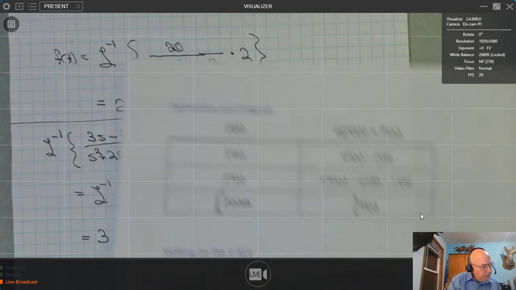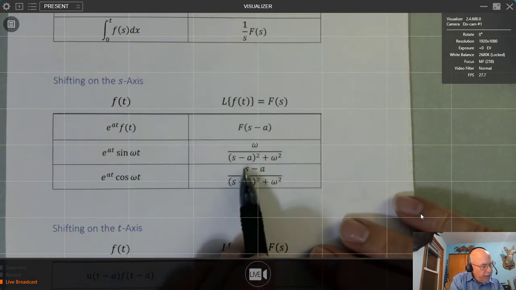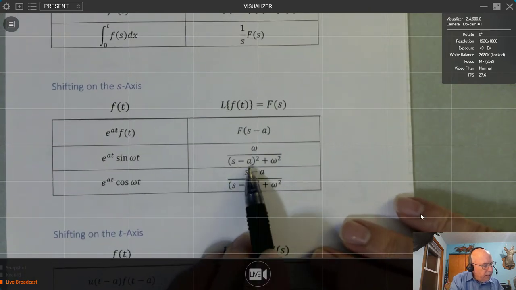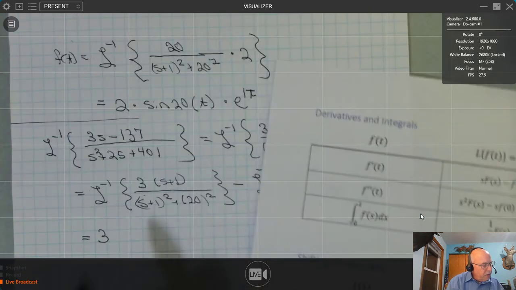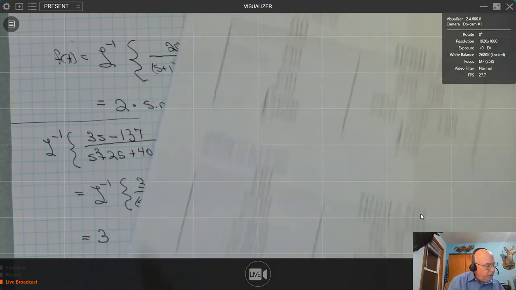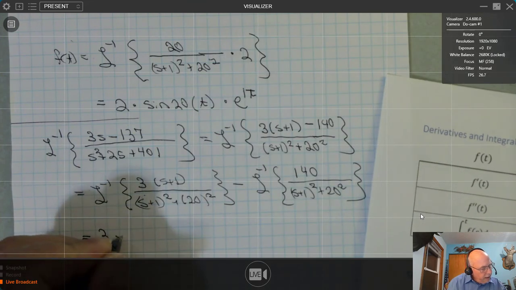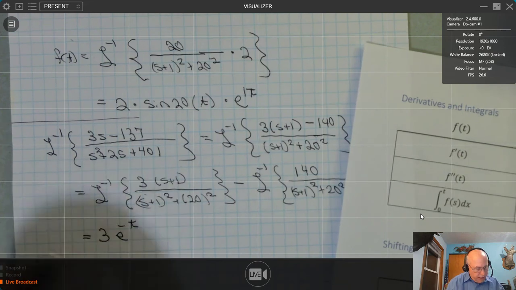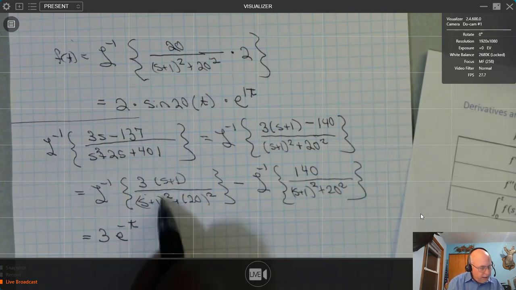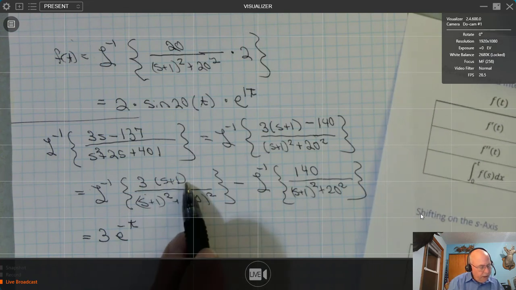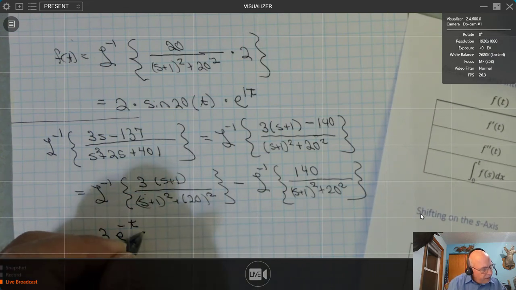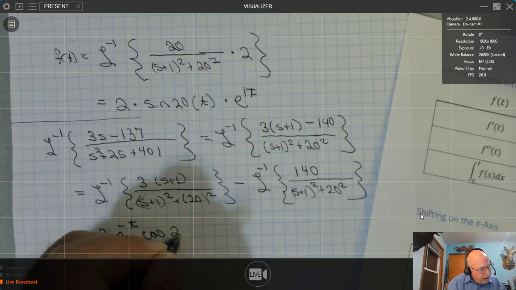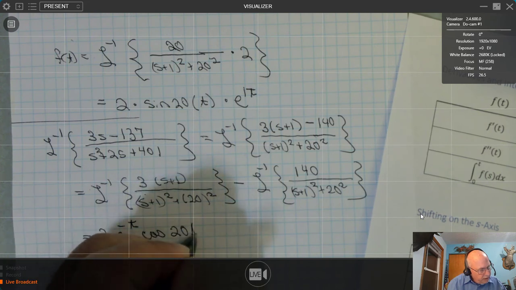So we have a s minus a minus 1 squared here, right? So we've got e to the minus t times this comes from the cosine form, cosine 20t.